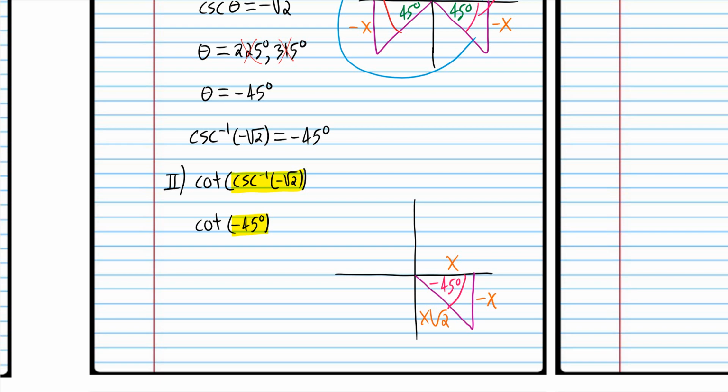And cotangent is the adjacent side divided by the opposite side, adjacent to the reference angle divided by the opposite side of the reference angle. So x over negative x, which is just negative 1. So in this problem, we actually had a negative angle that we had to deal with.